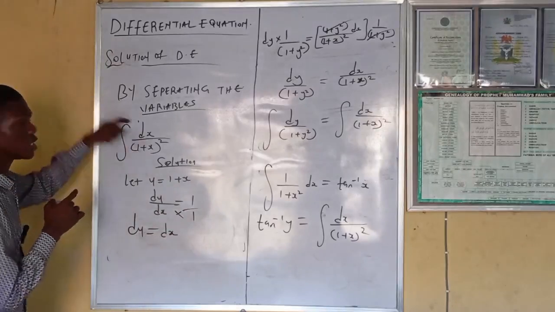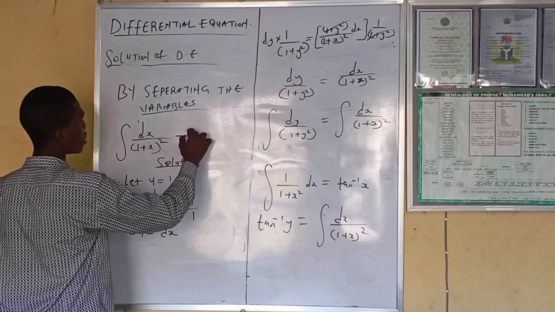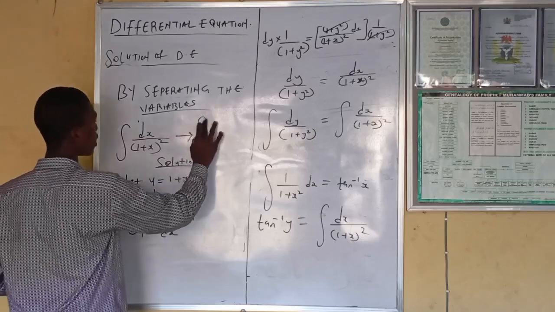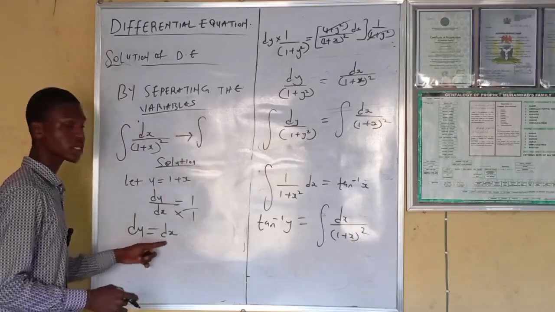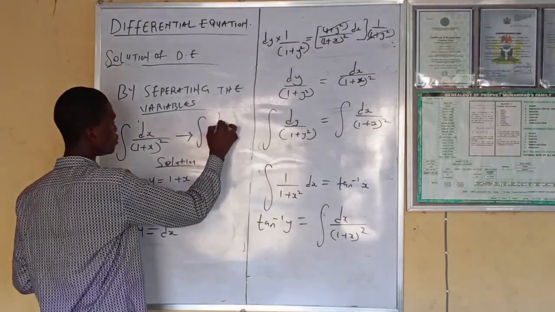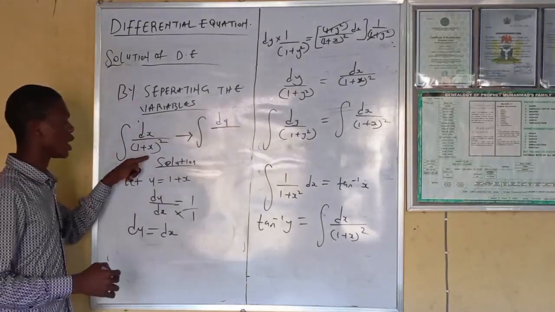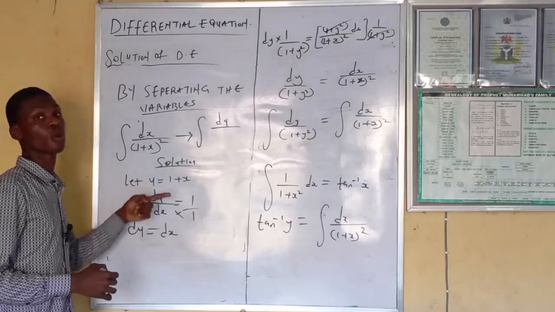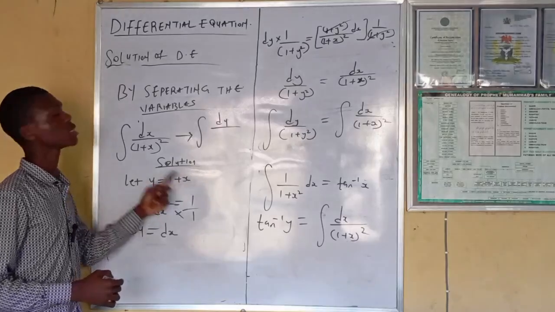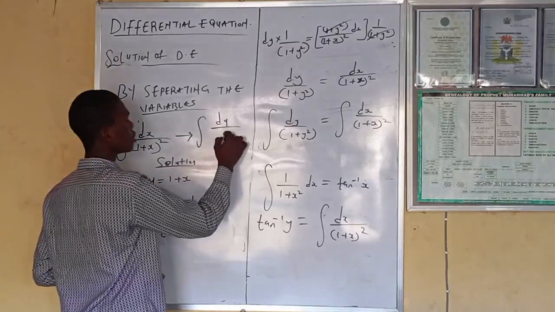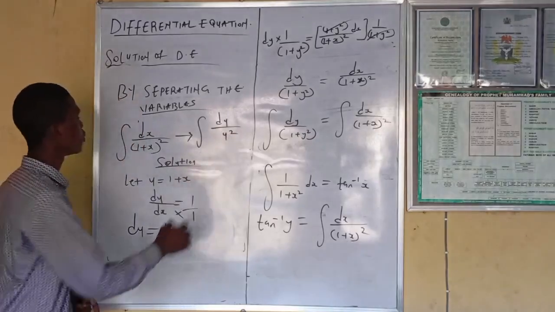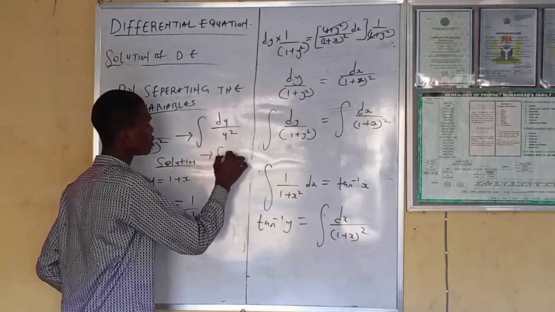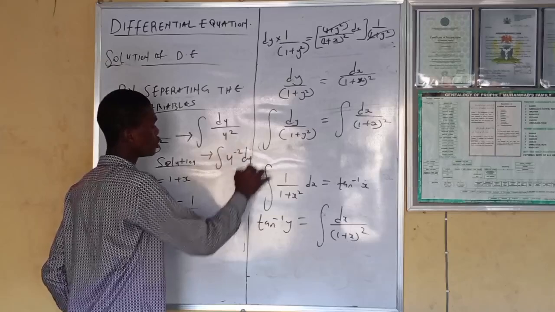So therefore, in this integral, dx is already du, and 1 plus x, let u equal 1 plus x. Anywhere you see 1 plus x, you put your u, and you have u squared, which is the same thing as integral u raised to the power of minus 2 du.